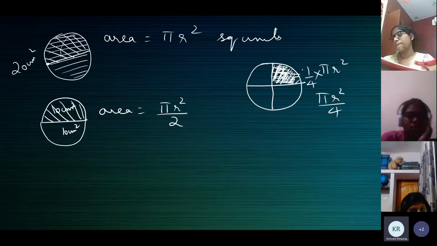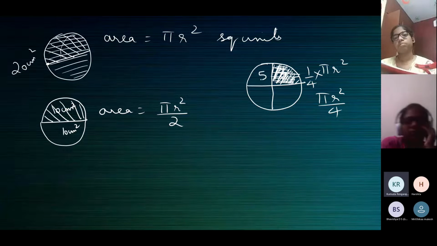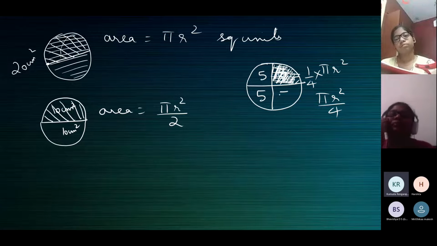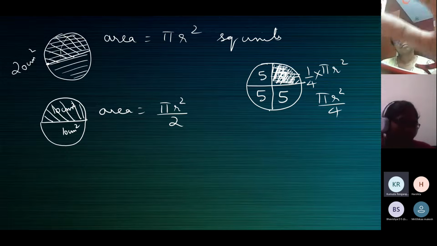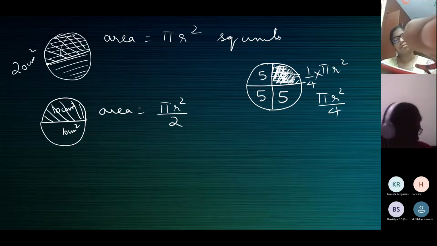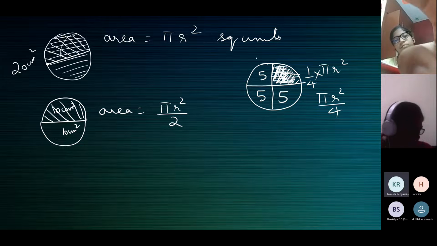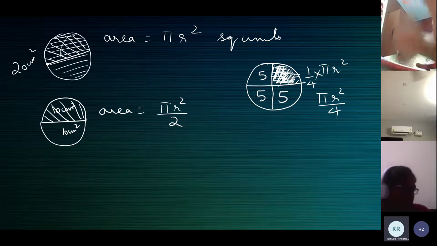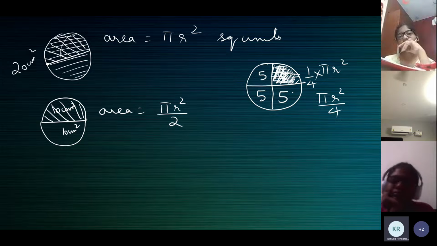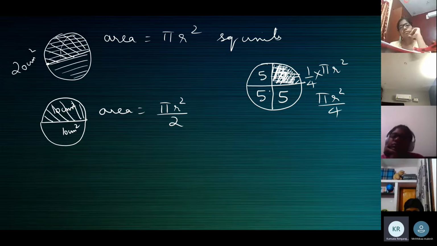So supposing the total area is 20 centimeter square, this is 5, this is 5, this is 5, and this is 5. So totally 20 centimeter square. If the area of the circle is 20 centimeter square, you can divide the circle into 4 quadrants, and the area of each quadrant will be 5 centimeter square.